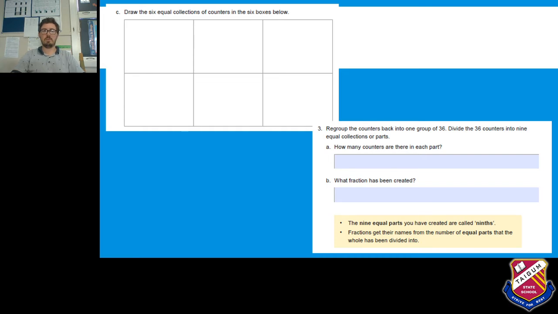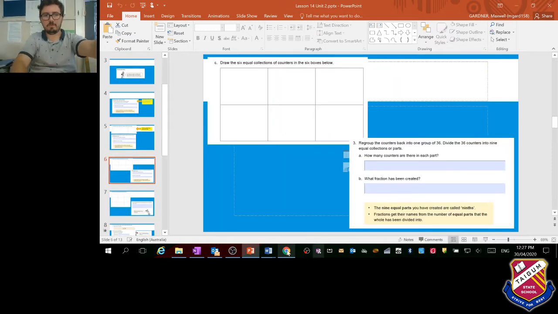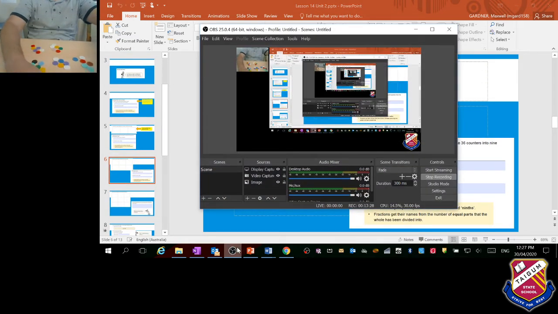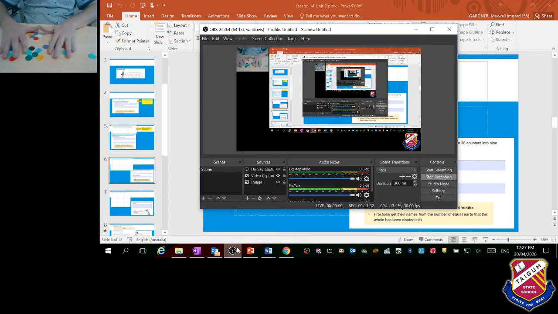Now, let's do the final one. It says, get your counters all back together. I'm going to put them to the side here. And then it says make 9 groups. So I'm going to put one group here. I'm going to put one group. Sorry, it's not a good angle.